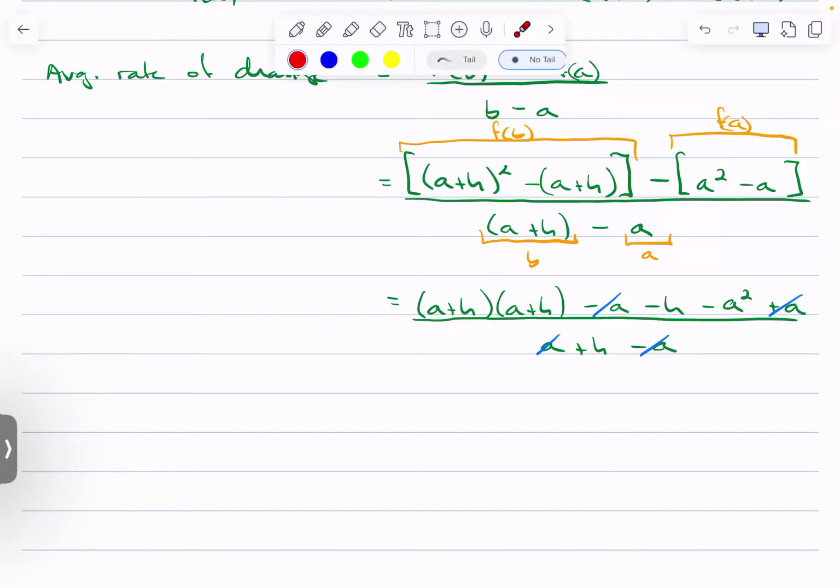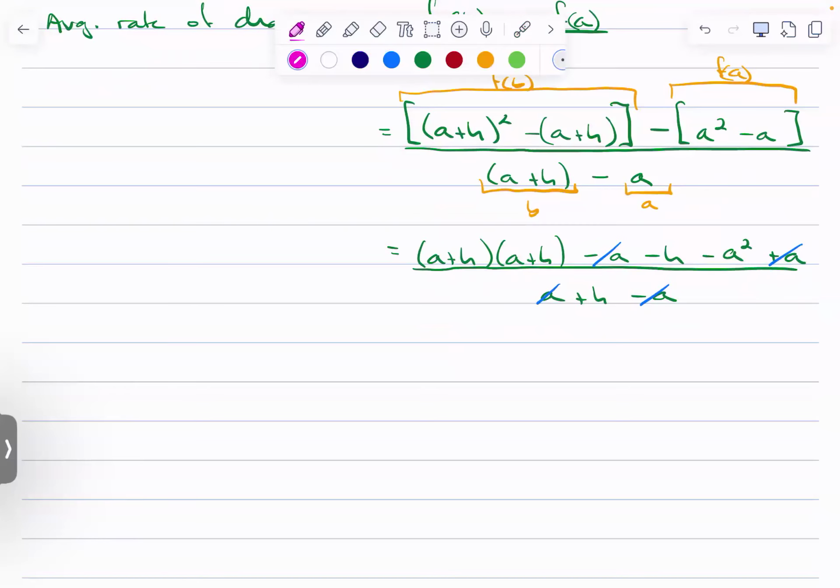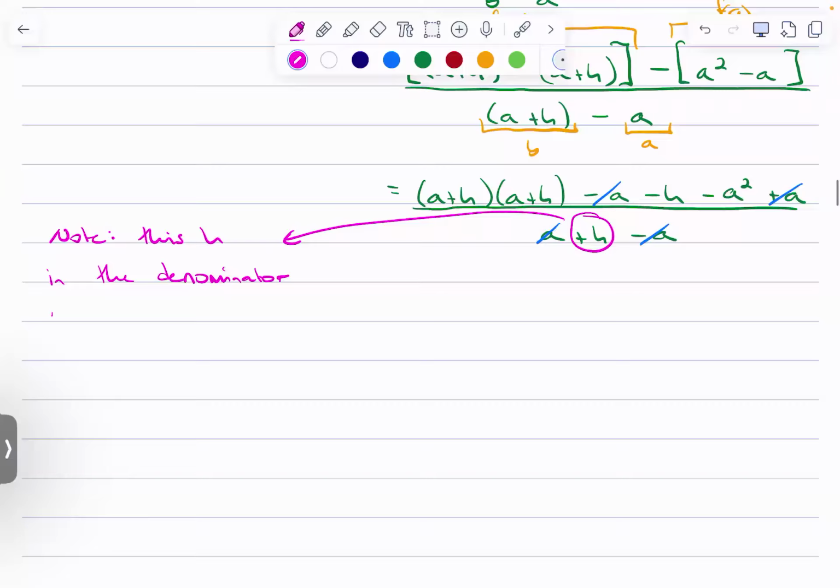So it will go away. We just have to be a little bit patient. And so here, note this h in the denominator will always cancel.